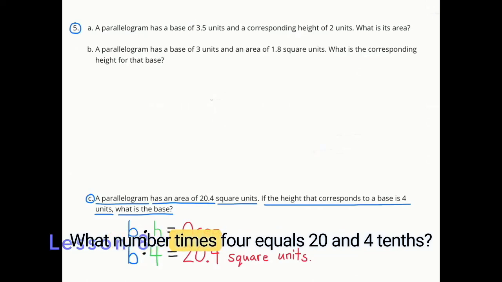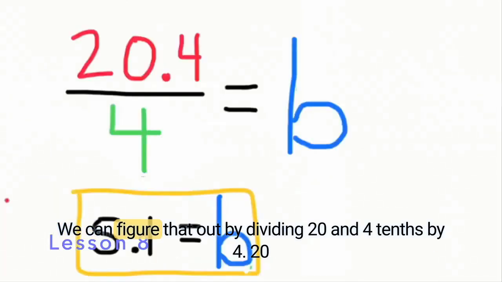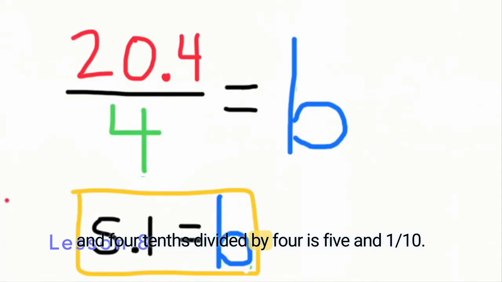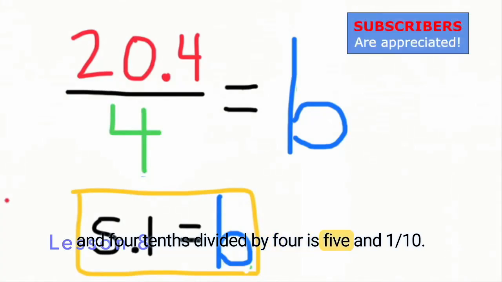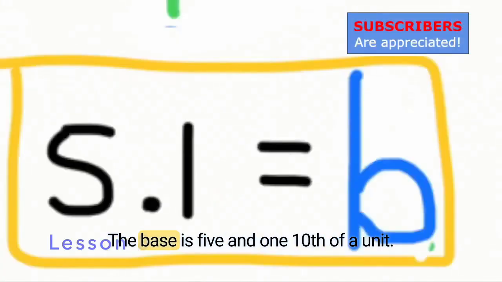What number times 4 equals 20 4/10? We can figure that out by dividing 20 4/10 by 4. 20 4/10 divided by 4 is 5 1/10. The base is 5 1/10 of a unit.